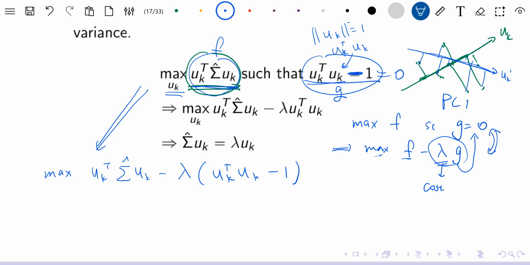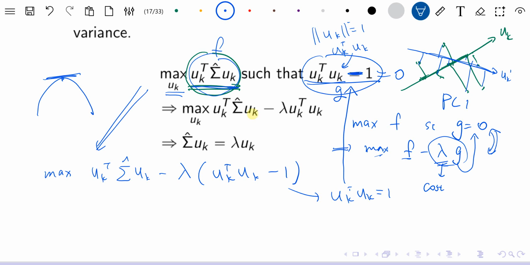So we just differentiate with respect to each variable, set it to 0, then we should be able to find the maximum. The idea is to find the place where the derivative is 0. First we can try differentiating with respect to lambda, which you just get this constant. So you get UK transpose UK minus 1 is 0. So it's basically UK transpose UK is 1. So you'll get this expression back.